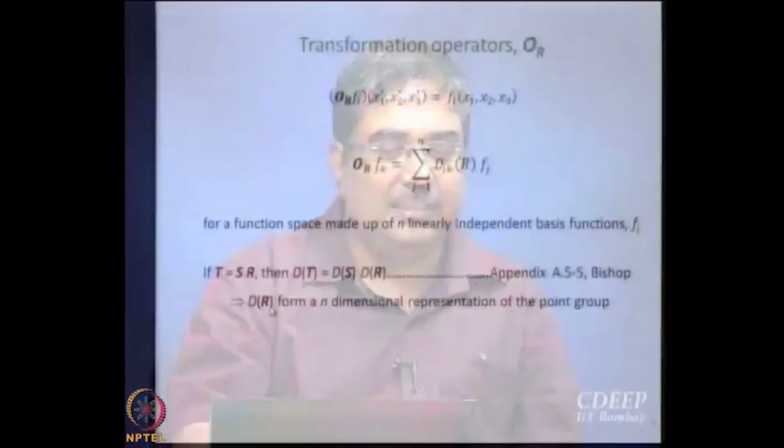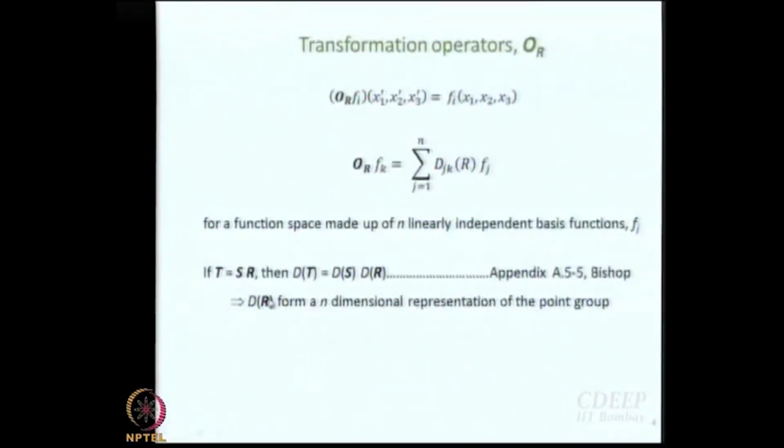Okay. Just think of the example that we have done already, I think it is easier to understand. So, what I am saying is that if you take the matrices, now when I say D of R, R is a variable, it is a general symmetry operation, I do not mean this R. So, all the transformation matrices form an n-dimensional representation of the point group, alright.